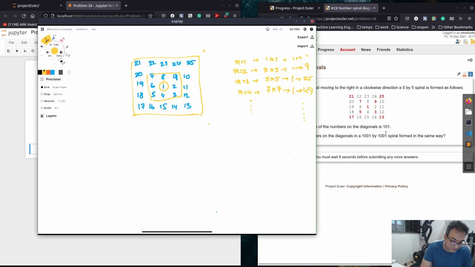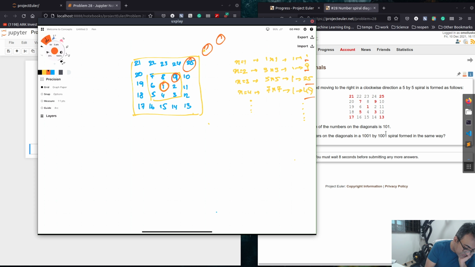So this last diagonal will be these numbers, that's easy to get. The question is, what would be the other numbers? That's what we have to figure out.